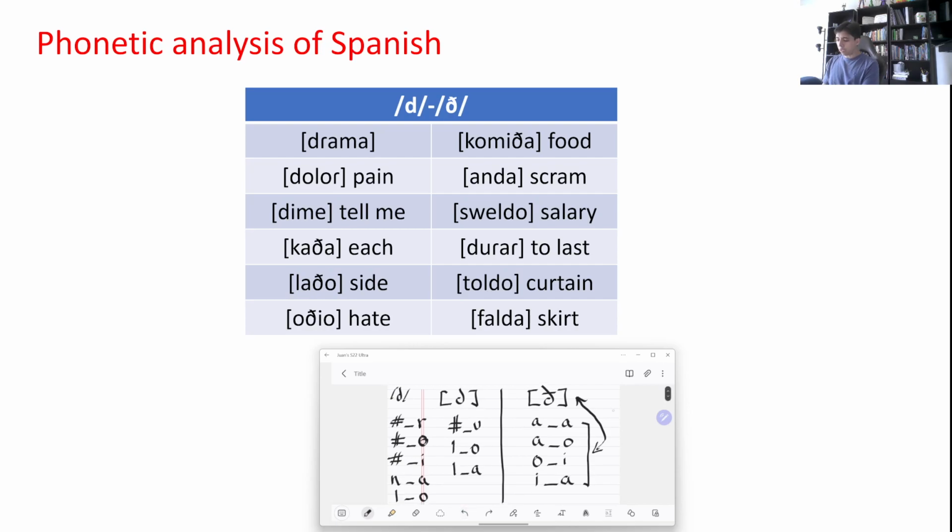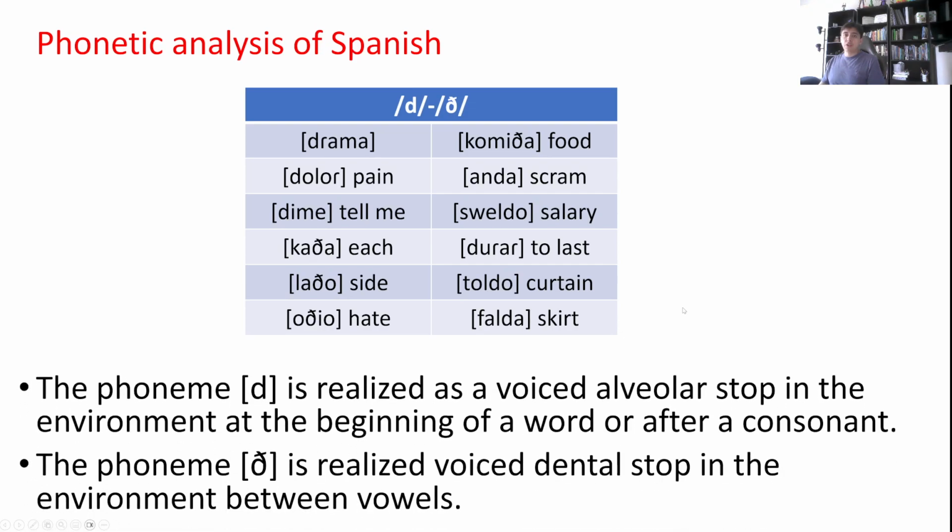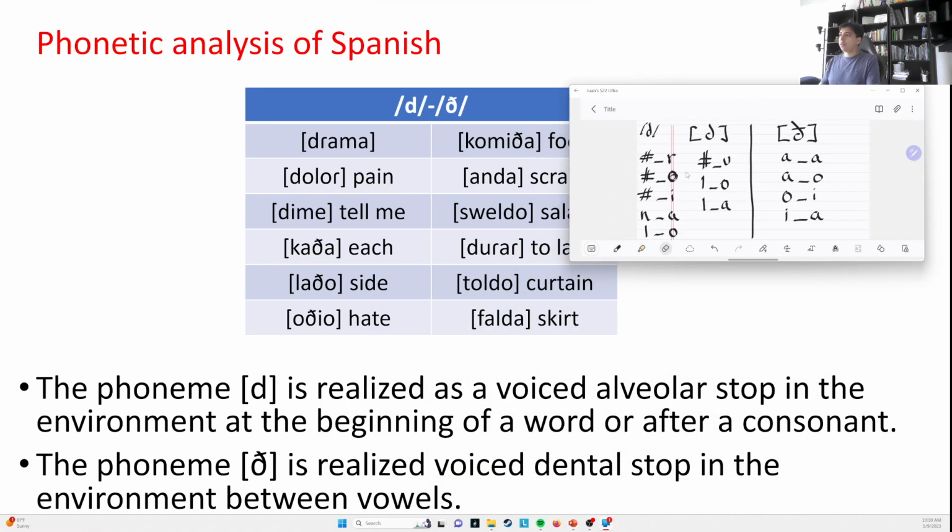So that information, I'm going to use exactly the same environments that I have gathered here in order to do my phonetic analysis. So I can say something like this: the phoneme D here is realized as voiced alveolar stop.